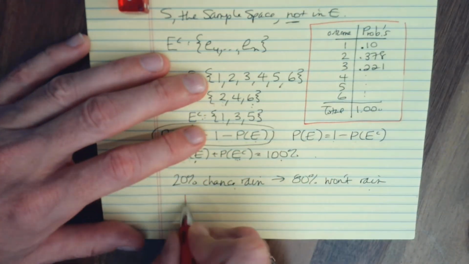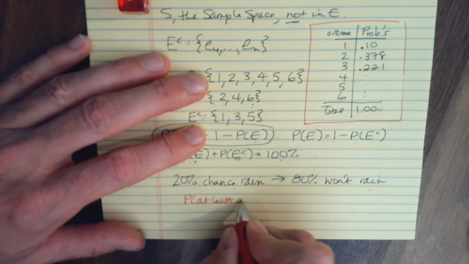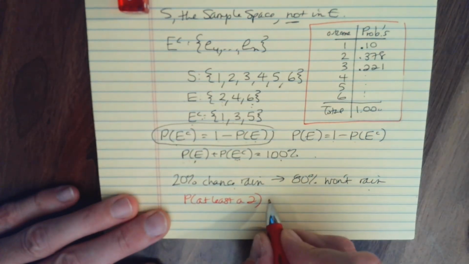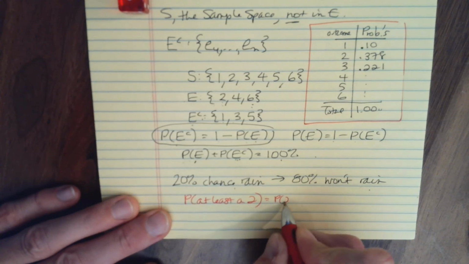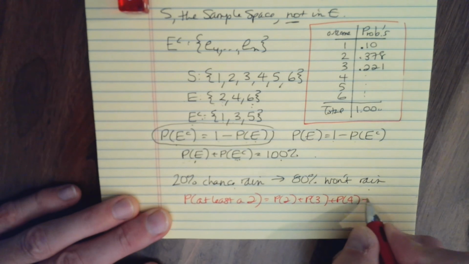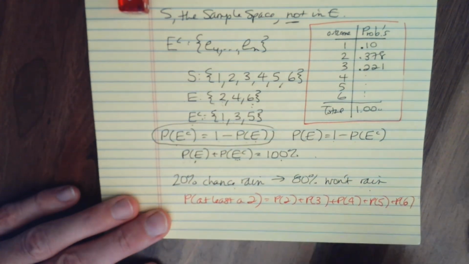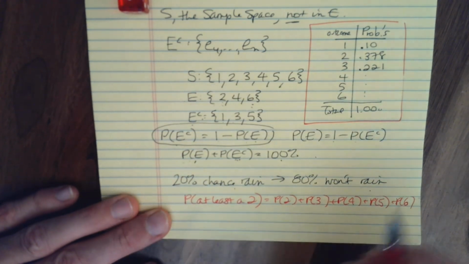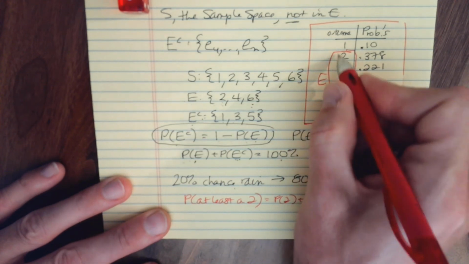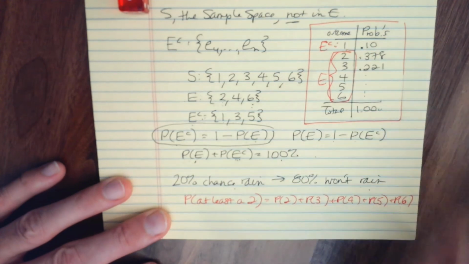I'm interested in the probability that I would get at least a 2 as an outcome. One option here would be to add up the probability of a 2 plus the probability of a 3 plus the probability of a 4 plus the probability of a 5 plus the probability of a 6. But another thing to realize is that this event, which consists of these outcomes, is the complement of 1.